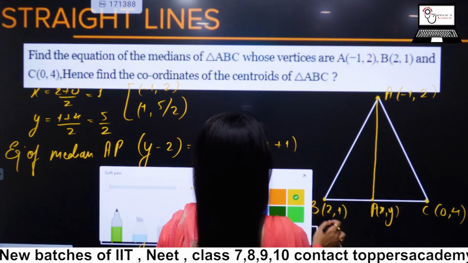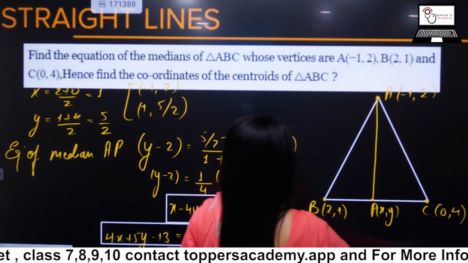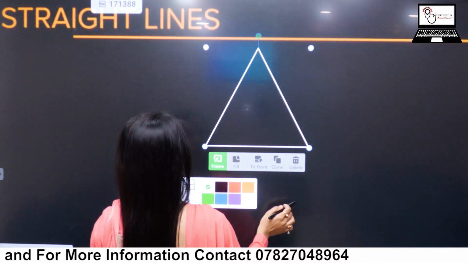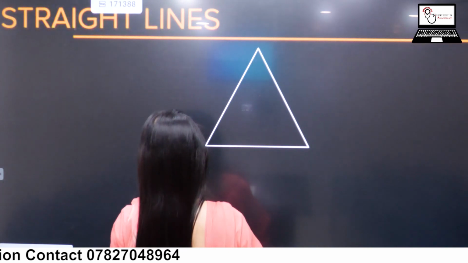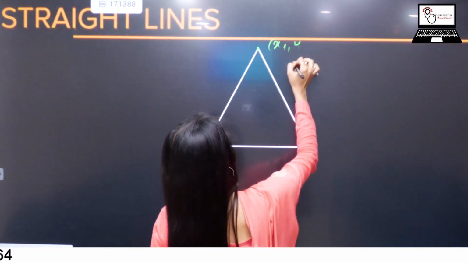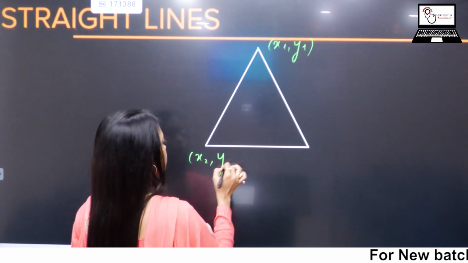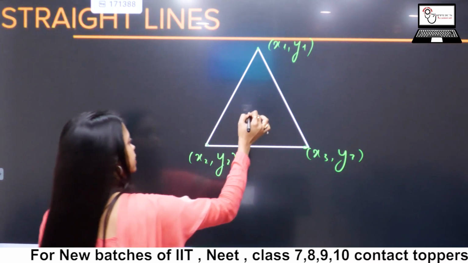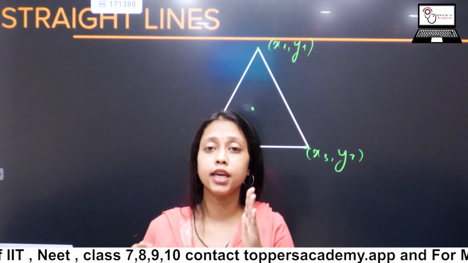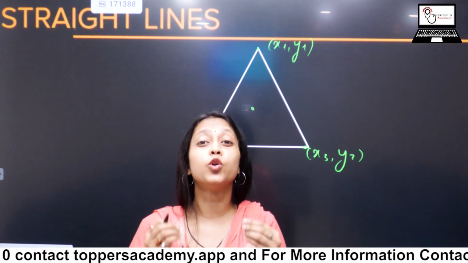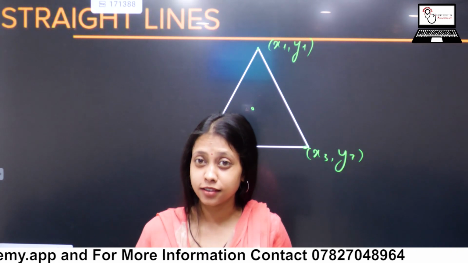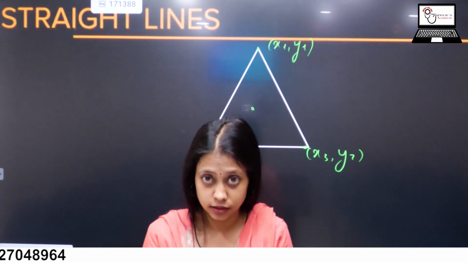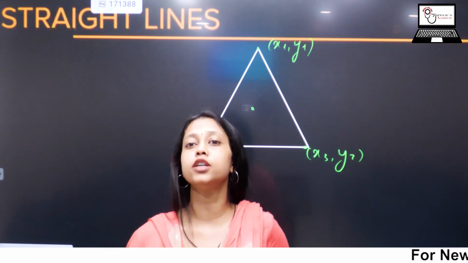That means if this is your triangle in which these are x1 comma y1, x2 comma y2 and x3 comma y3, then the centroid, I hope you know the centroid. It goes in ROBM, revision of basic mathematics, right? The centroid is the intersection of all medians. You have 3 medians, they will have 1 point of intersection, that is called the centroid.